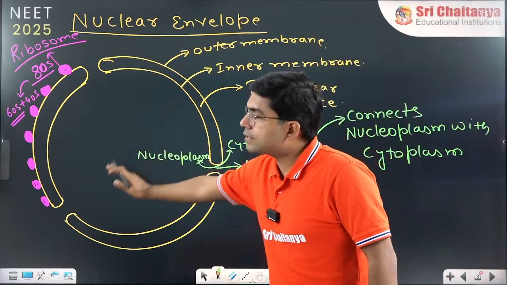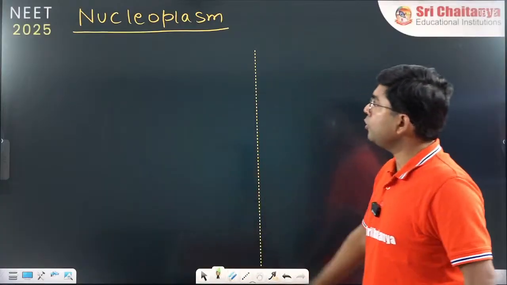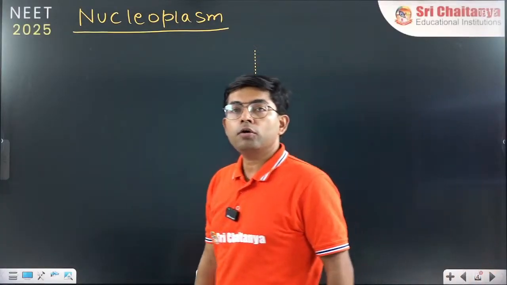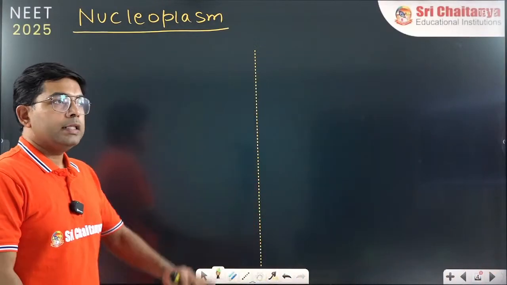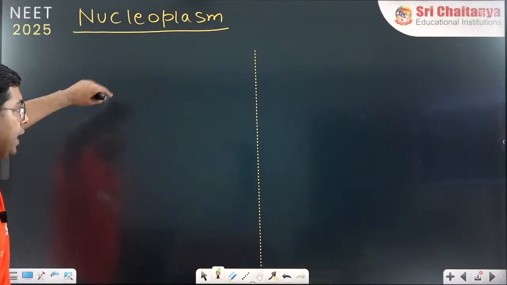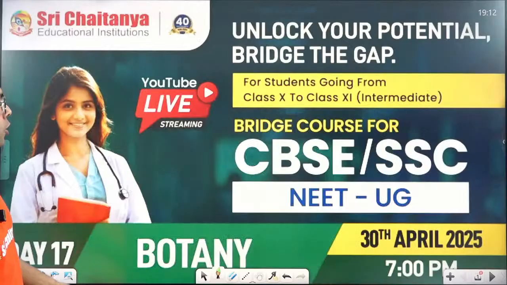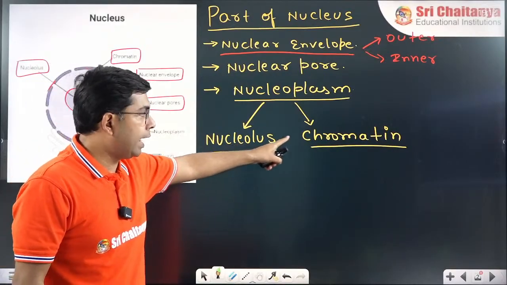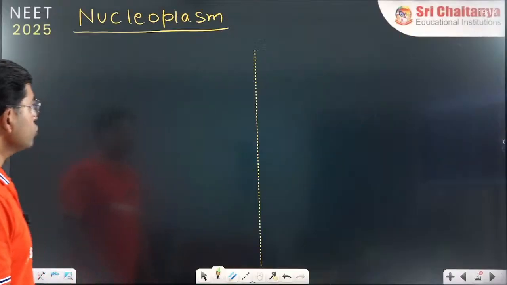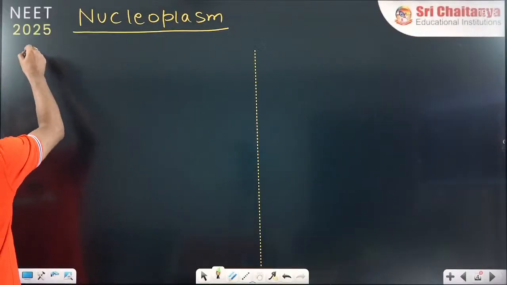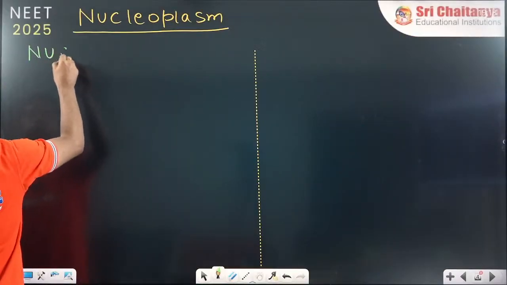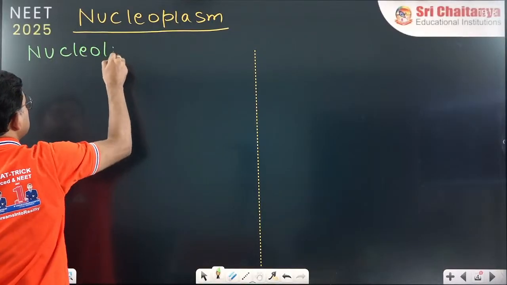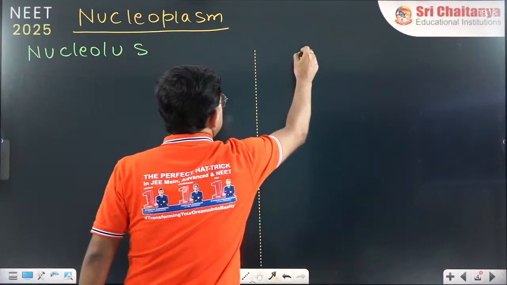Now we will go inside the nucleus. So inside the nucleus is nucleoplasm. Now this nucleoplasm, what we have seen earlier, is divided into nucleolus and chromatin. So now nucleoplasm will be divided into nucleolus and chromatin.